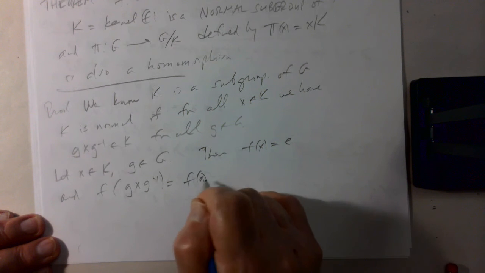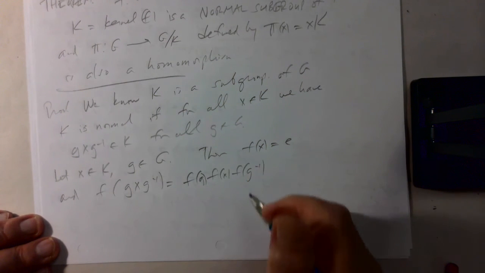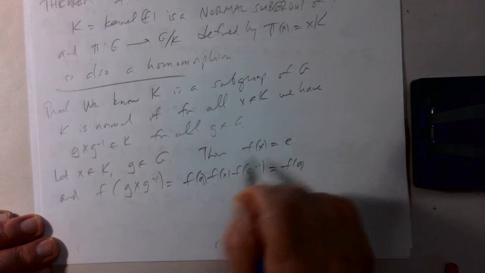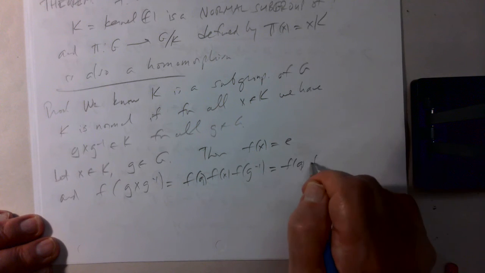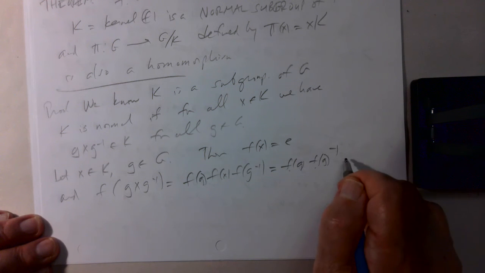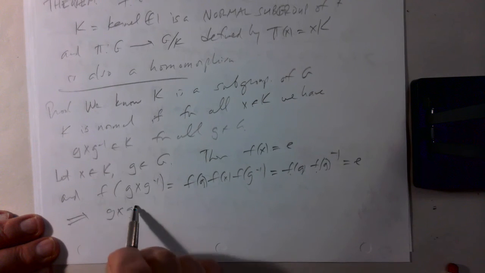This is f of g, f of x, f of g inverse. That's f of g, times the identity, times f of g inverse, but that's f of g inverse, and an element times its inverse is the identity, which means gxg inverse is in K. I'll explain why that means normality right now.